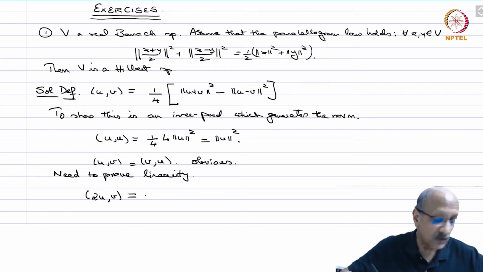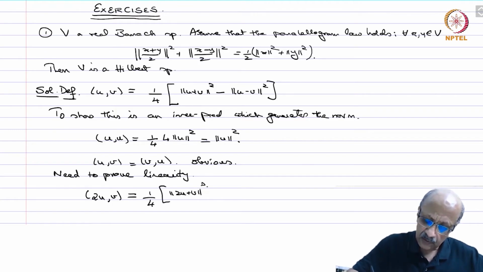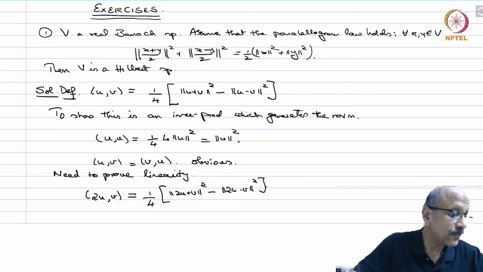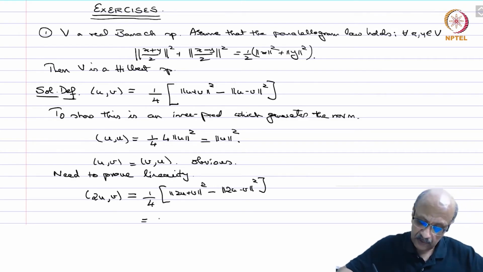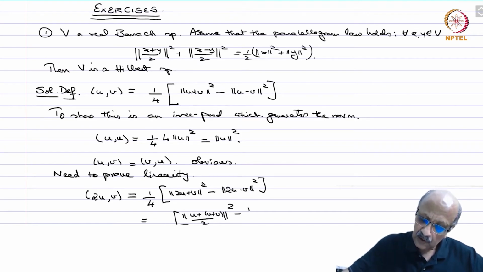By definition, this is 1/4 of norm 2u plus v whole squared minus norm 2u minus v whole squared. So that is equal to, I am going to write this as 1/4 of norm of (u plus v) plus u, by 2 whole squared, so that I will remove the 1/4 from here, minus norm of u plus (u minus v), whole squared.